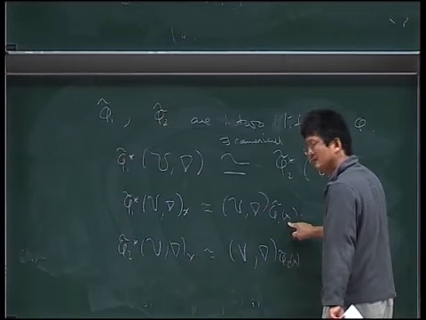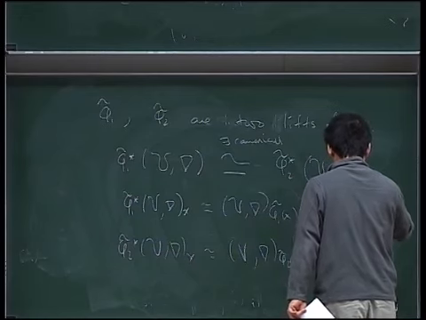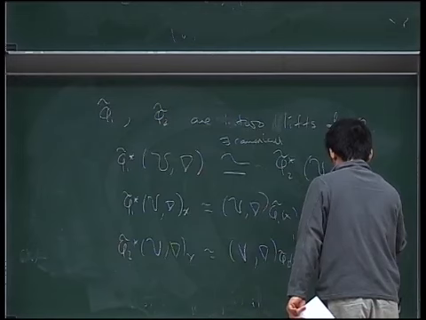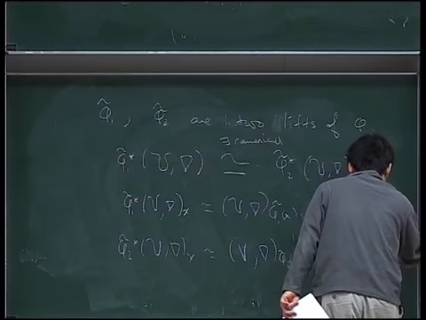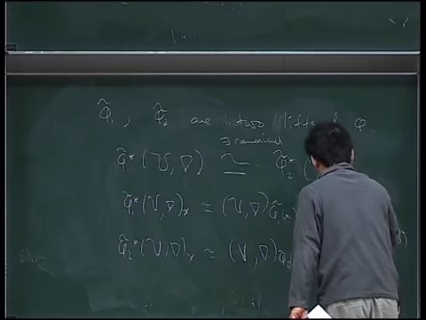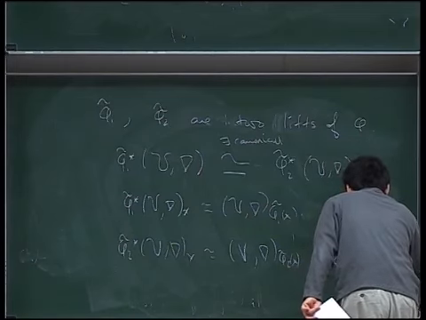So the specialization of phi 1 tilde of X is simply phi of the specialization of X. So this is the same as the specialization of phi 2 tilde of X.